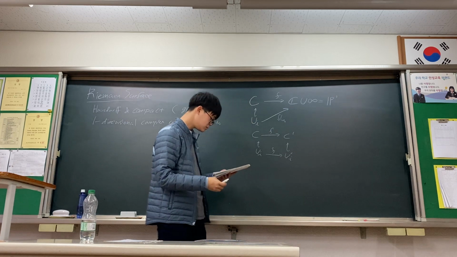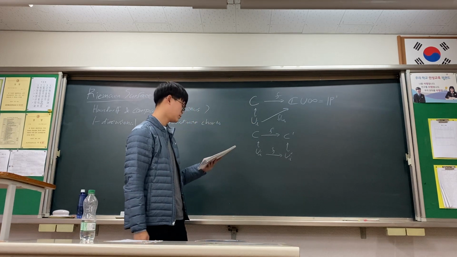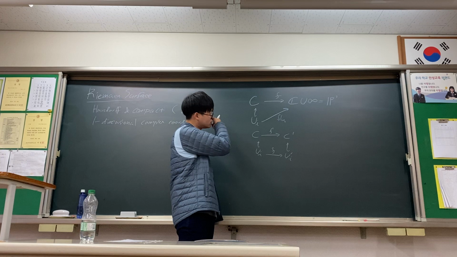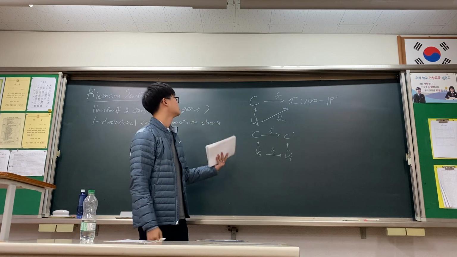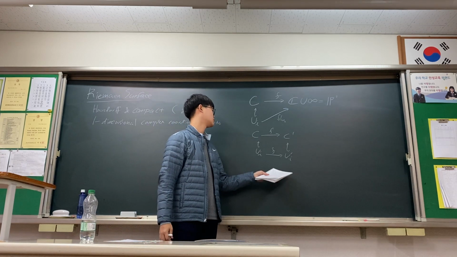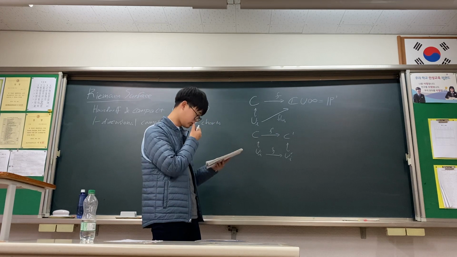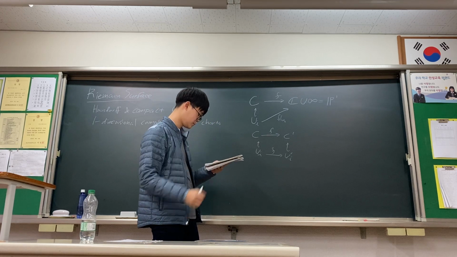Then we say this is a holomorphic map. So the category of Riemann surfaces consists of Riemann surfaces with maps that are locally holomorphic.